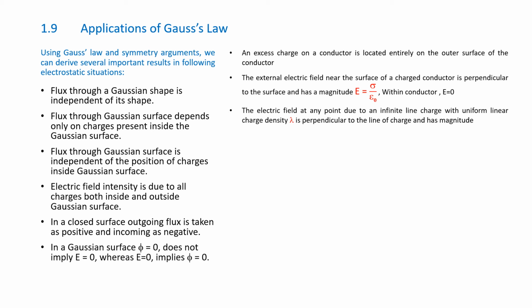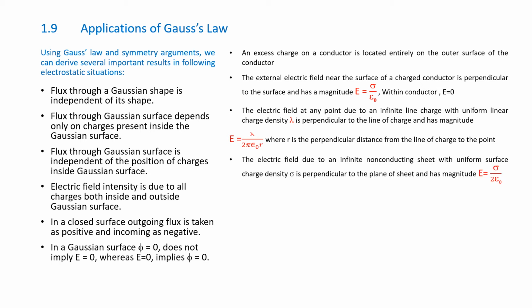The electric field at any point due to an infinite line charge with a uniform linear charge density lambda is perpendicular to the line of charge and has magnitude E equal to lambda over 2 pi epsilon naught r, where r is the perpendicular distance from the linear charge to that point. This case we will study in our next slide. The electric field due to an infinite non-conducting sheet.